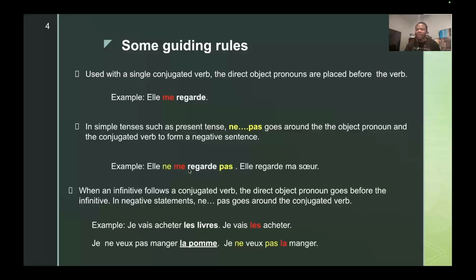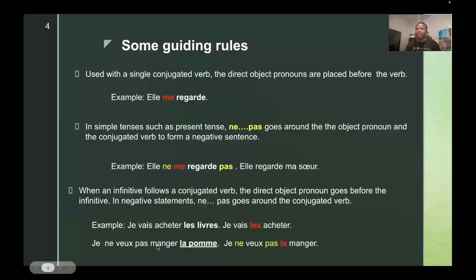But when we have these two verbs, one conjugated and the second an infinitive, then it stays in between them. Now, if it is a negative sentence in this context, the ne and pas only go around the conjugated verb so that the pronoun can be placed before the infinitive.